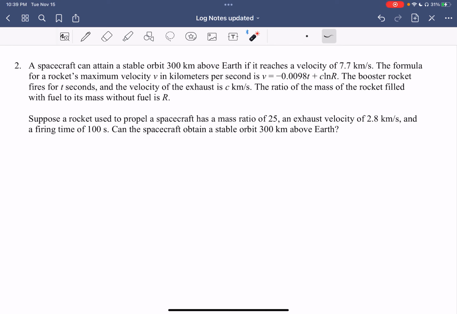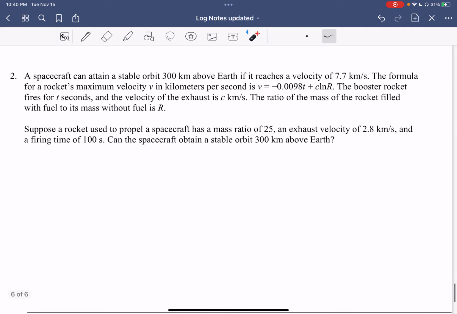The booster rocket fires for t seconds and the velocity of the exhaust is c kilometers per second. The ratio of the mass of the rocket filled with fuel to its mass without fuel is r. Suppose a rocket has a mass ratio of 25, an exhaust velocity of 2.8 kilometers per second, and a firing time of 100 seconds. Can the spacecraft obtain a stable orbit 300 kilometers above the Earth?